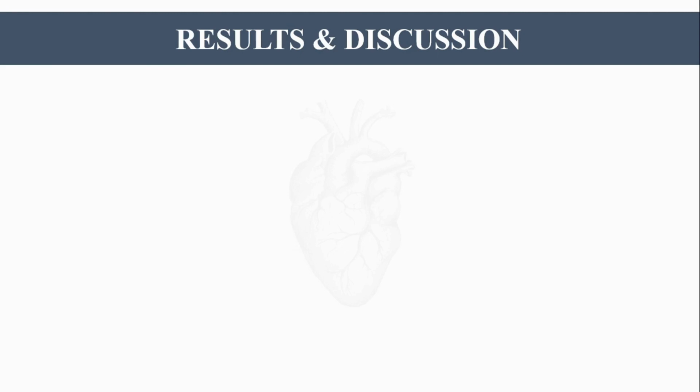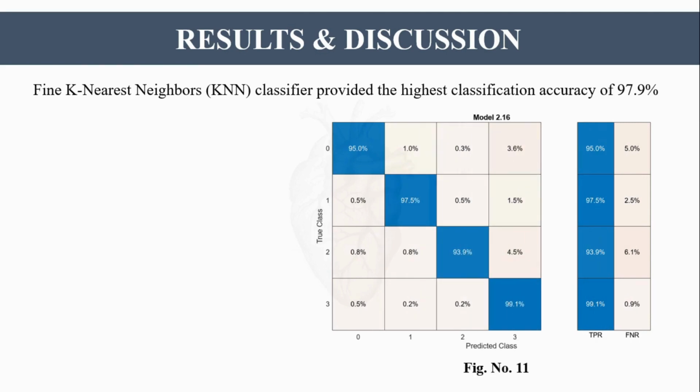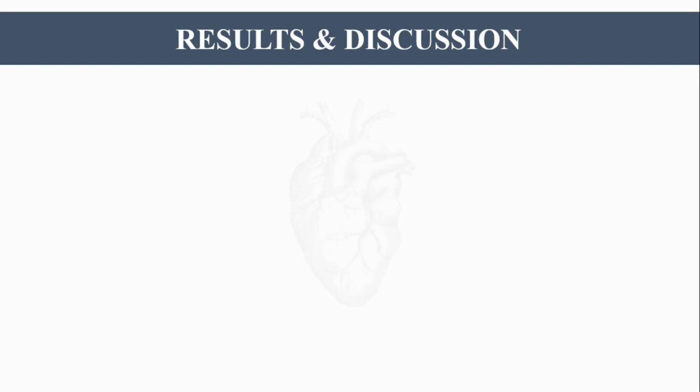Next is results and discussions. Out of all the classifiers we have implemented so far, the fine k-nearest neighbor classifier has achieved the highest classification accuracy of 97.9%, and the TPRs for each class are shown. For bundle branch block, 95%, for cardiomyopathy, 97.5%, for dysrhythmia, 93.9%, for healthy control, 99.1%.